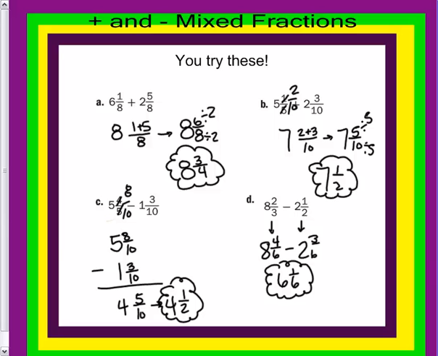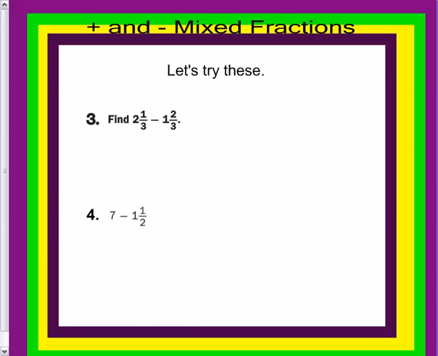All right, and now let's try a little bit harder ones. Okay, what if I have to regroup them? Because 2 and 1/3, if I look at this, minus 1 and 2/3. Okay, can I subtract 2/3 from 1/3? No, so what I need to then do is pretend like that's a 1 and 3/3 with my 1/3.